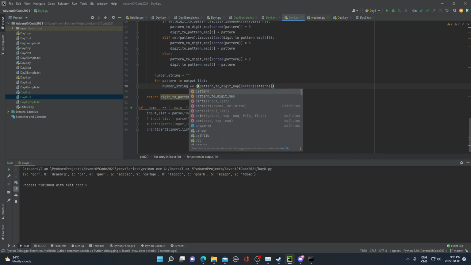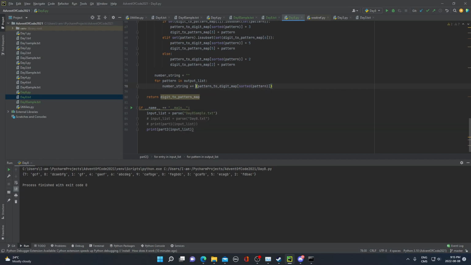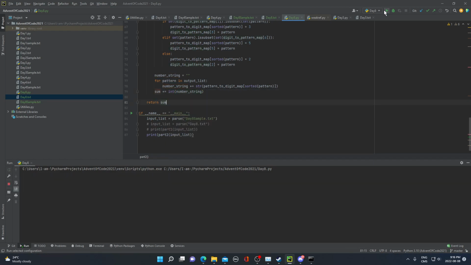Oh, this is so annoying. At the end, add the number string. And then we can return the sum. Should work. Too tired for anything else.